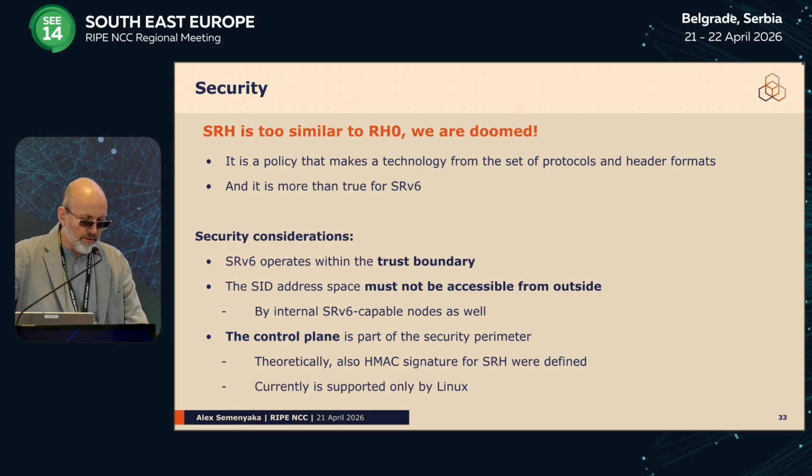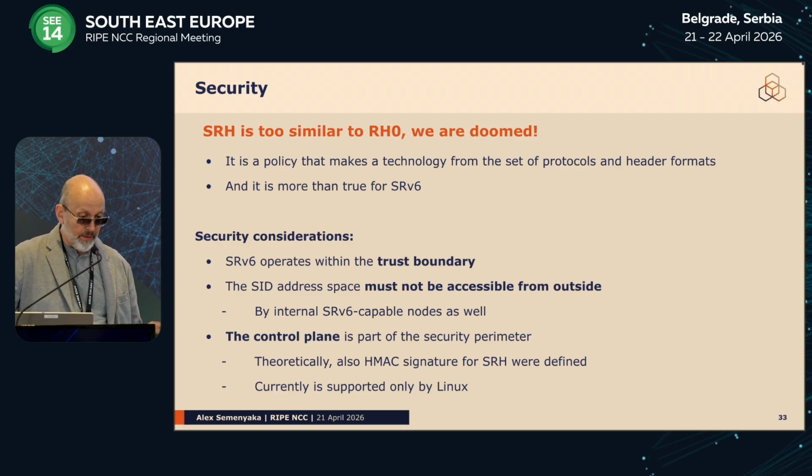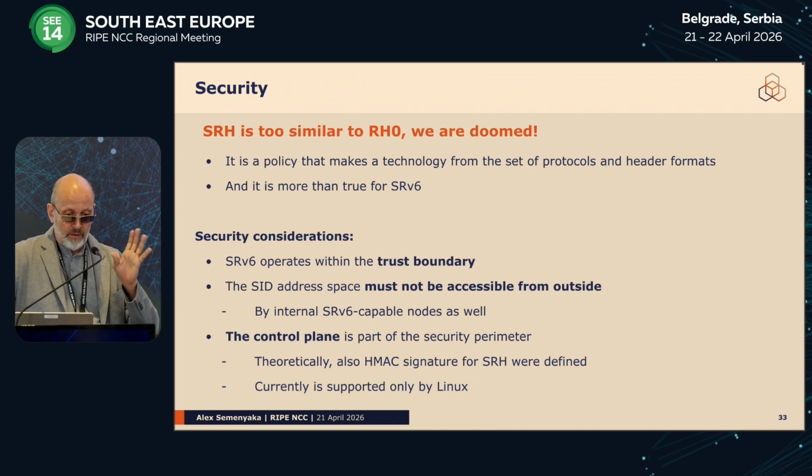What is the difference between segment routing and this outdated, deprecated, pesky RH0? They are really similar in terms of the routing header structure. And the question is how to deal with this.